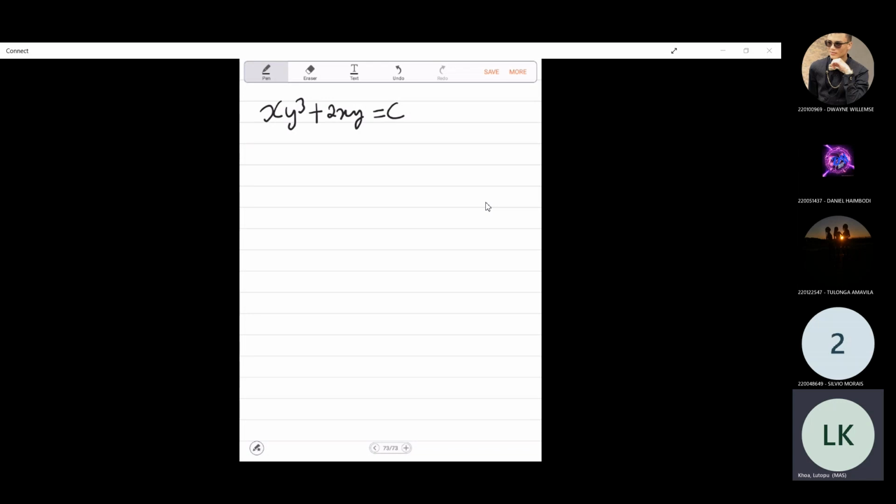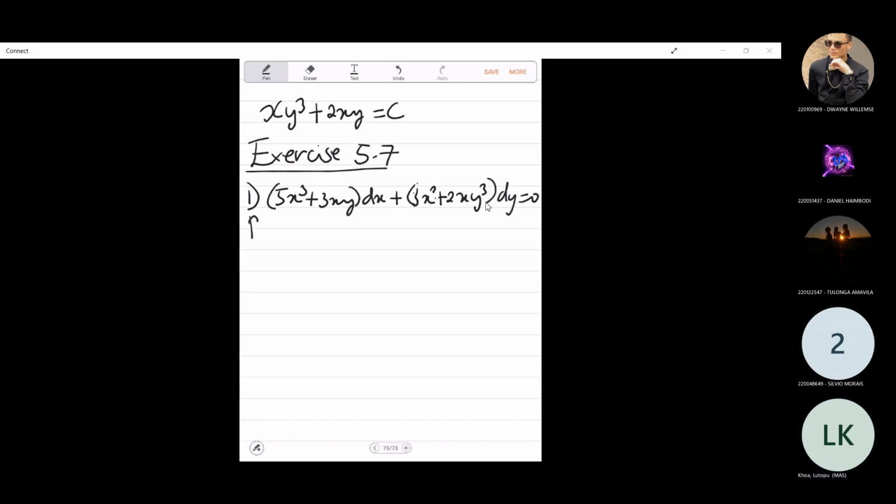Okay. And looking at some of the questions from the exercise, look at the first one. 5x cubed plus 3xy dx plus (3x squared plus 2xy cubed) dy is 0.